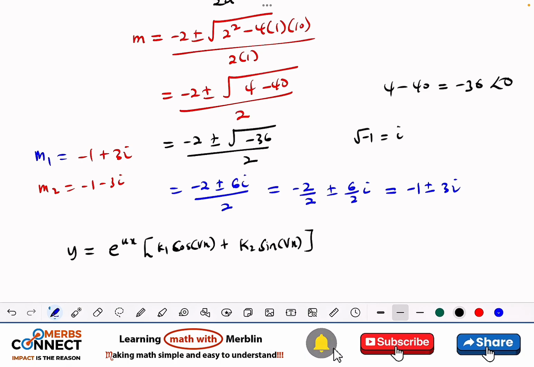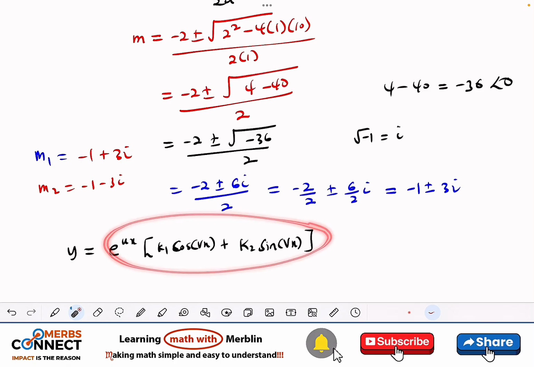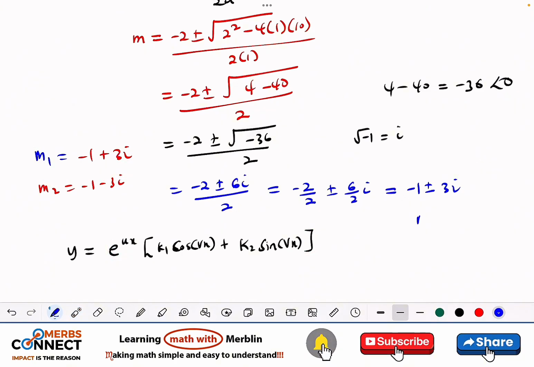Now remember our m: here we don't choose this from m1, m2. We choose it from the whole of this. So here our m is equal to minus 1 plus or minus 3i, which is in the form of u plus or minus vi. So here our u is equal to minus 1 and our v is equal to 3.